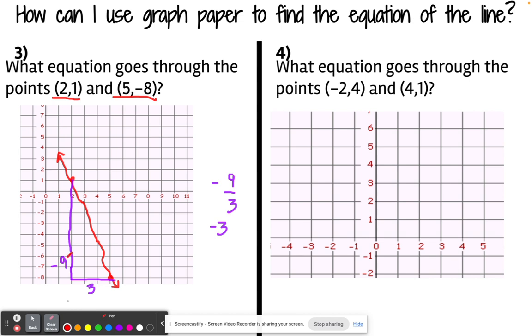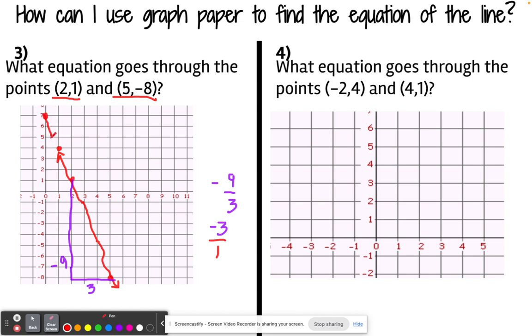So I'm going to continue from this point. Since I know it's negative 3, I'm not going to go up 9. I'm going to only go up 3. 1, 2, 3 over 1. I have a point here. And 1, 2, 3 over 1. I have a point here.